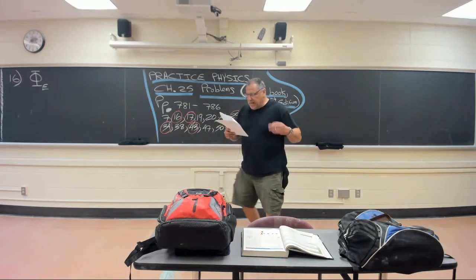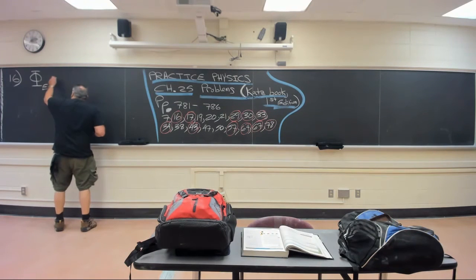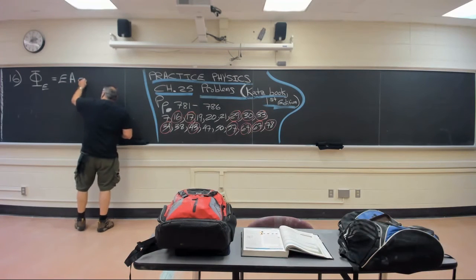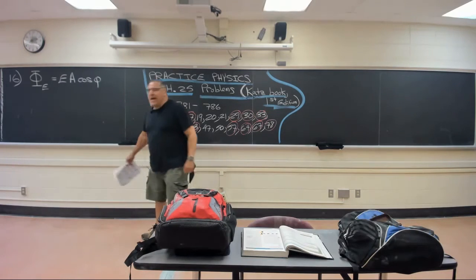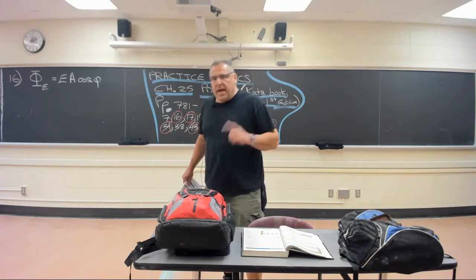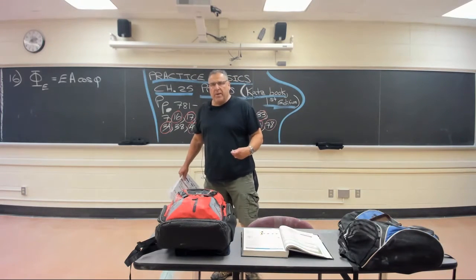The flux, capital phi sub E, is equal to the amount of E field that is hitting an area, times the cosine of phi, where phi is the angle between the E field and the A vector. The A vector points perpendicular to the area.